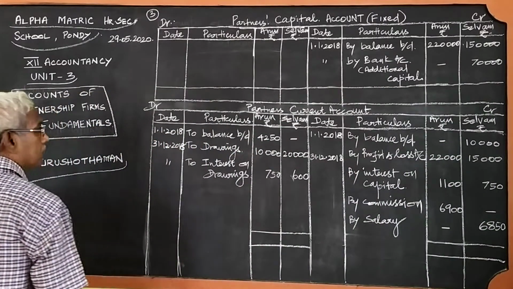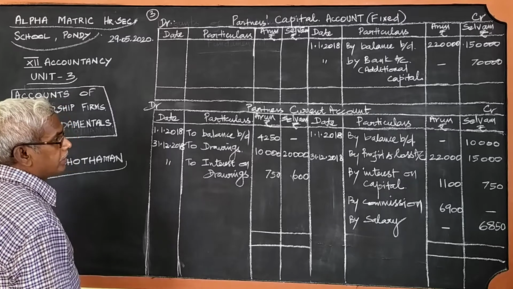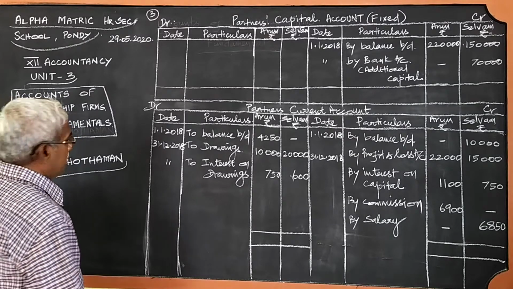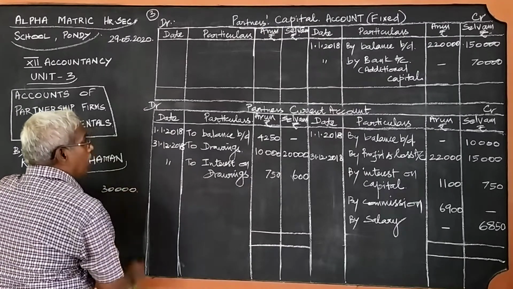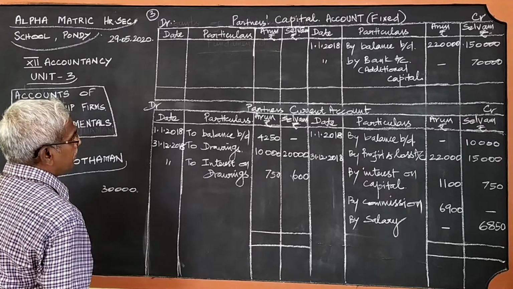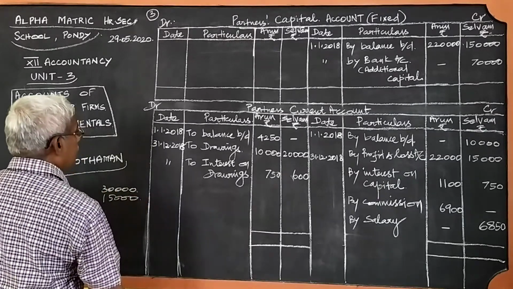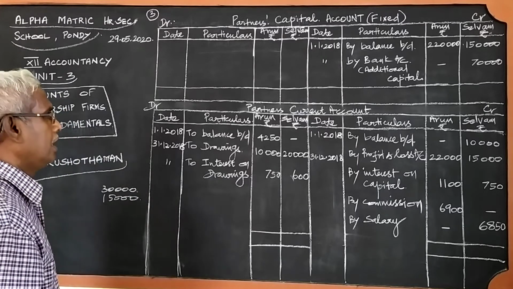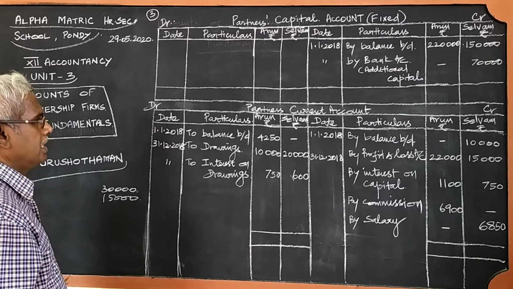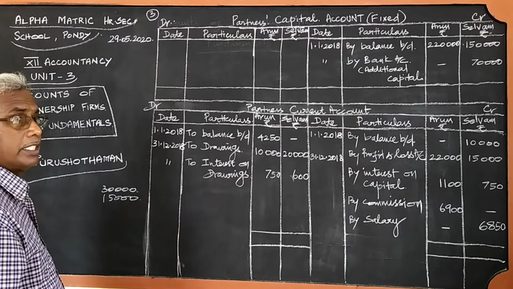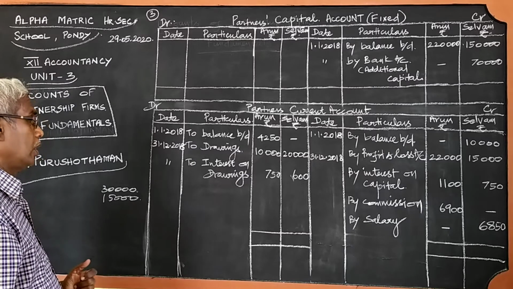For Arun, the total on the credit side is 30,000, and on the debit side 15,000, so 30,000 is the greatest total. You should attend partner by partner, not both the partners' debit side, not both the partners' credit side. Partner by partner. We are attending now Arun's account.